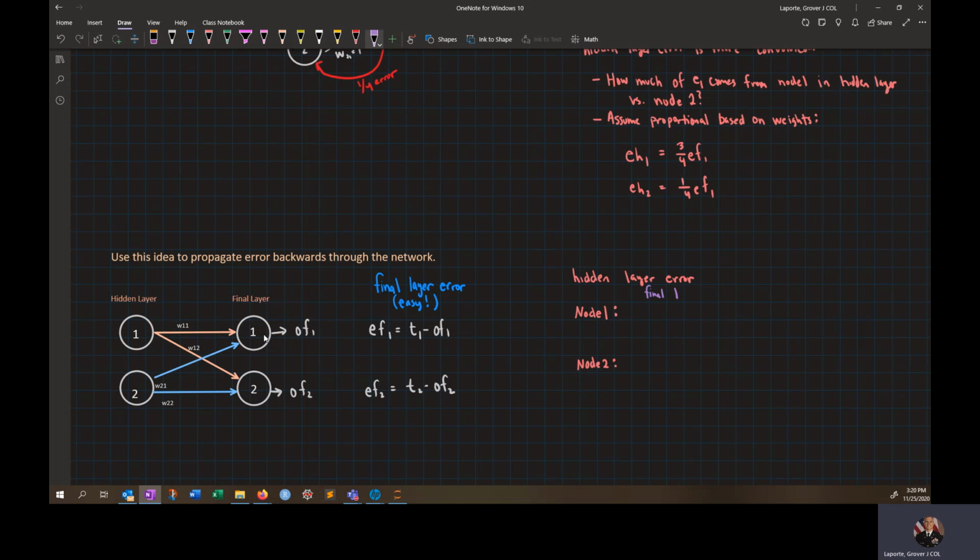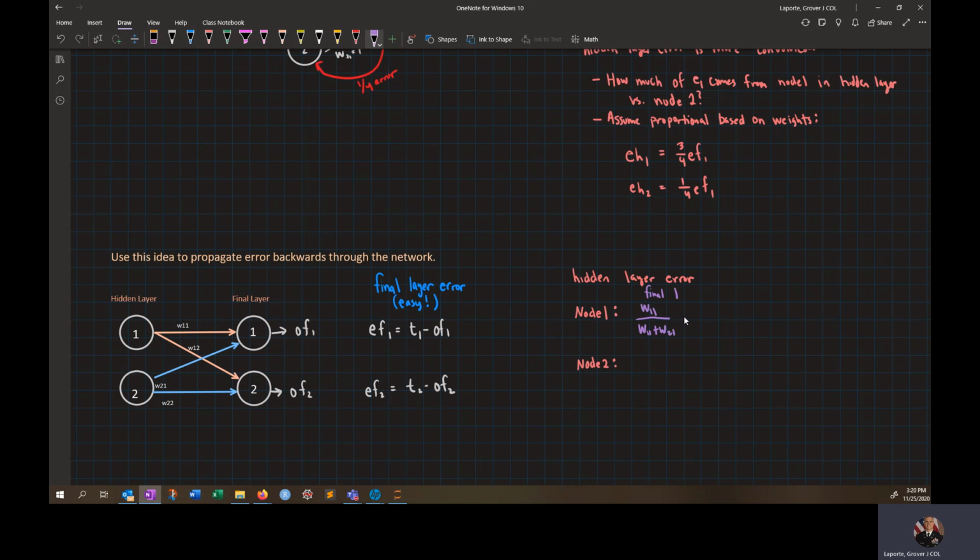How much of this error goes back to these two hidden nodes, because those are the two coming into here? We should have W11 divided by W11 plus W21, because W11 and W21 are the two numbers coming in here. Just like we added up 1 and 3 up here to get 4, I'm adding up W11 and W21.